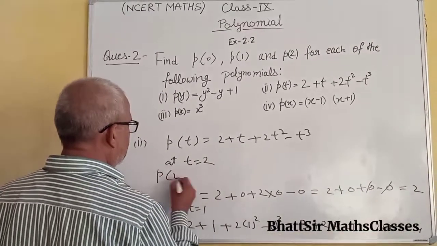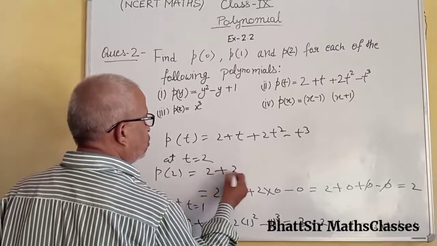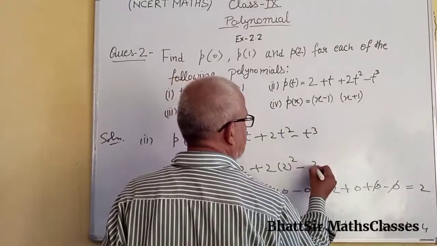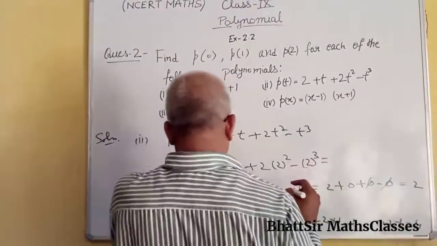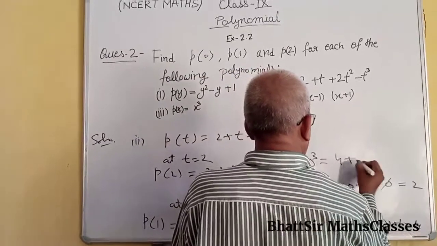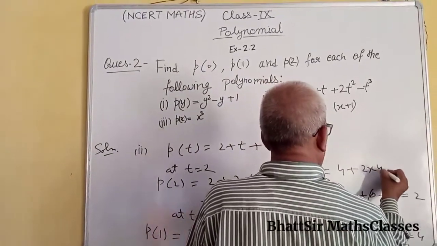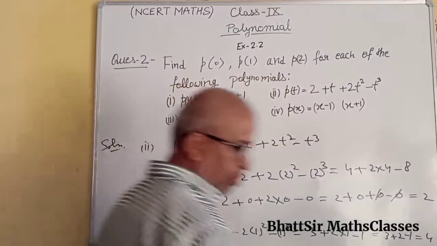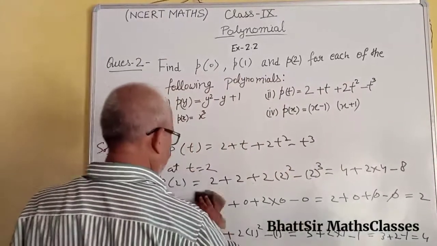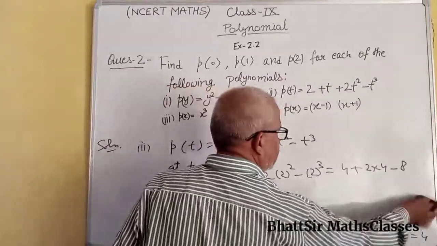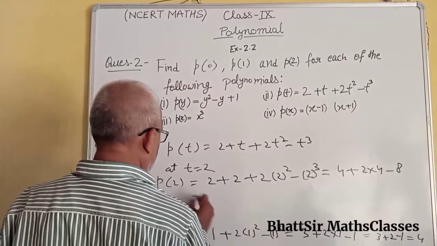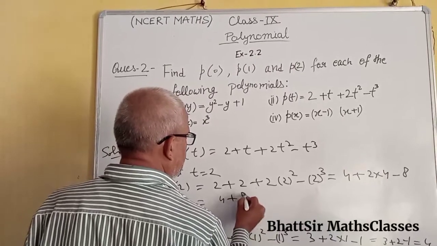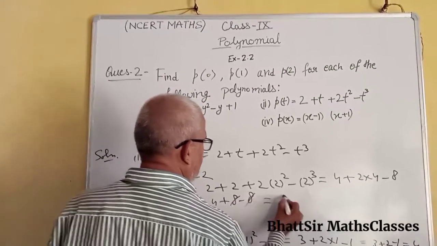So P(2) equal to 2 plus 2 plus 2 into 2 square minus 2 cube, equal to 4 plus 8 minus 8, equal to 4.